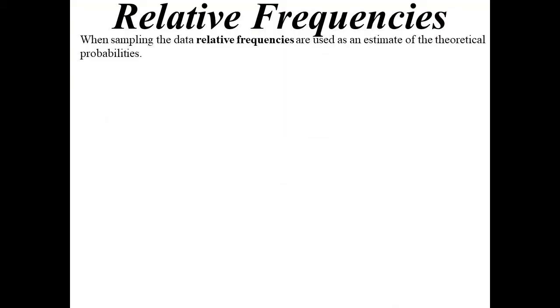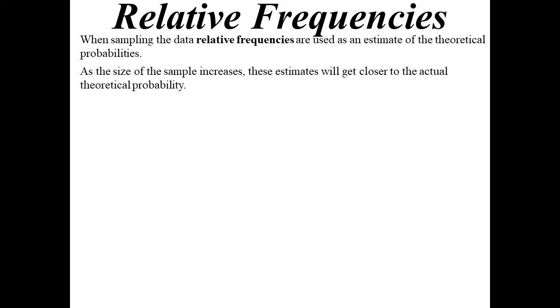Relative frequencies then. So theoretical probability is what we would expect should happen. Relative frequency is the estimate based on data. So as the sample size increases, they should get closer and closer to the theoretical probability. The more times you do it, the closer you should get.